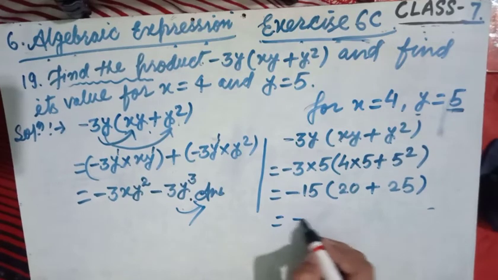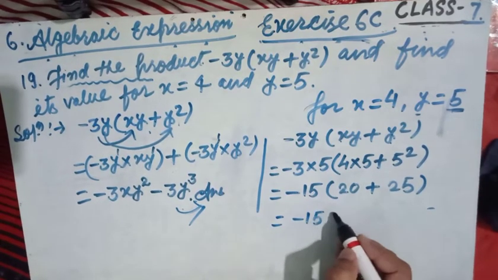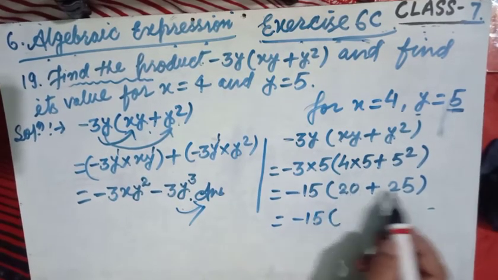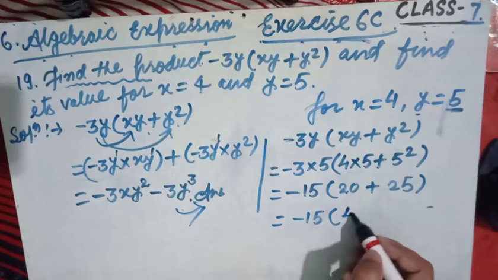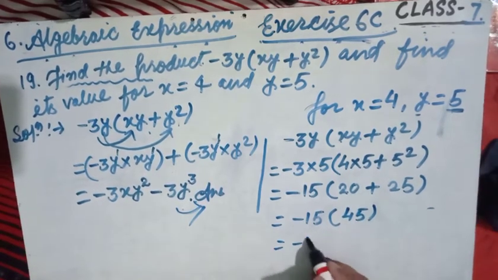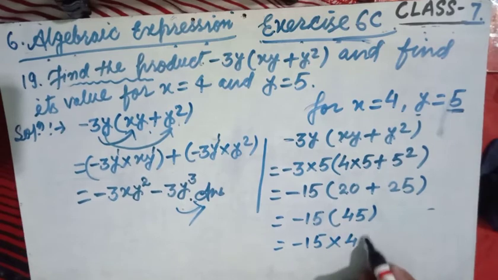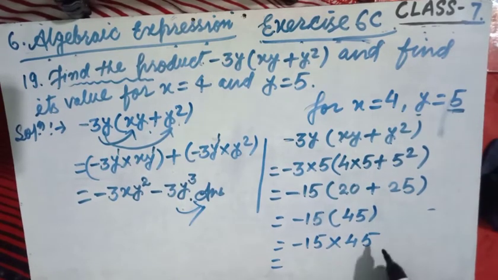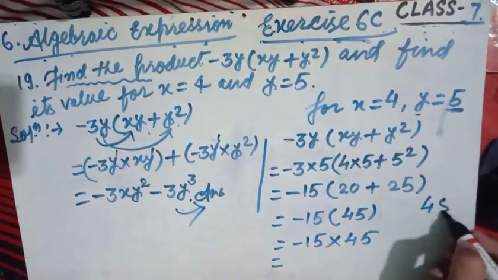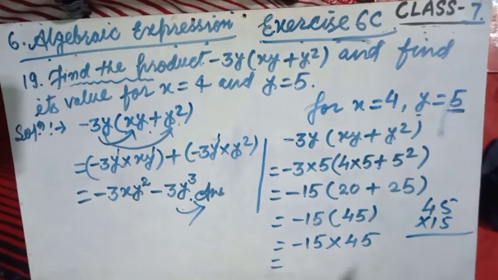Now minus 15 as it is. Now first add their values, 20 plus 25, this is 45. It means minus 15 multiplied by 45. Now multiply 45 with 15. After multiplication we got 675, with the minus, so minus 675 is your final answer.